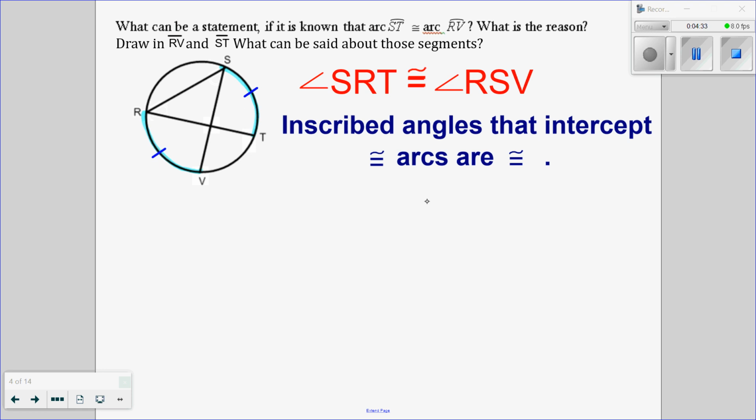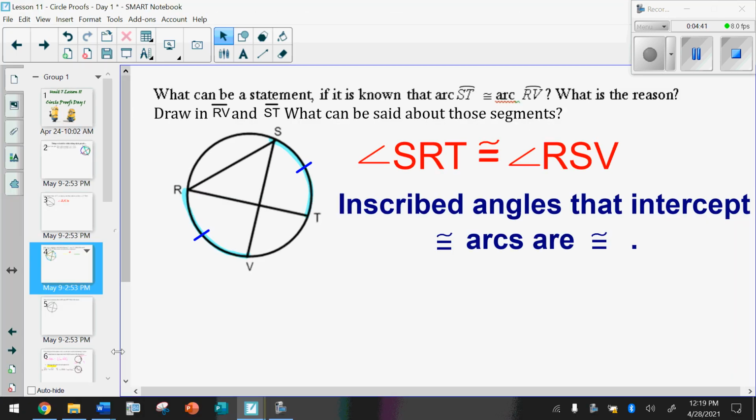There is a slight difference in the picture, but a huge difference in the meaning. These two inscribed angles intercept two separate arcs. So you can't say the same thing as what we did in the first one. So angle SRT intercepts arc ST. And then angle RSV over here intercepts arc RS.